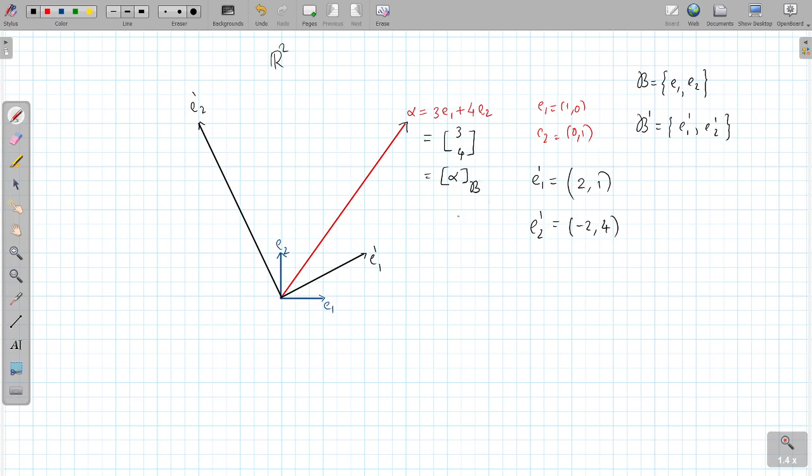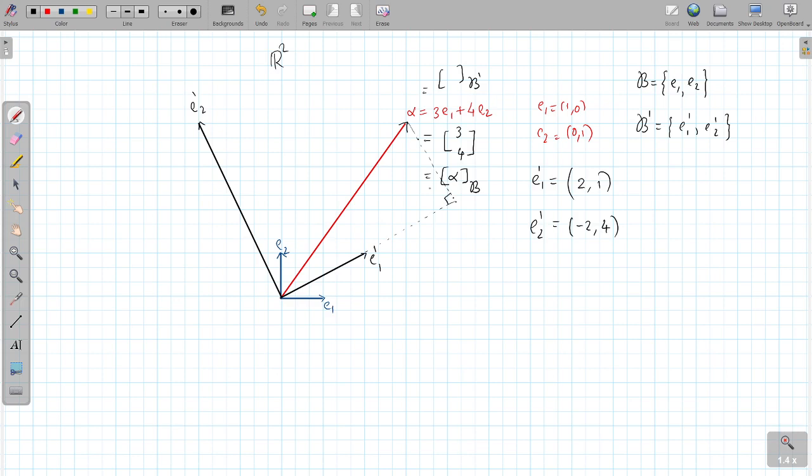How do you get the coordinates of this alpha with respect to B prime? This is our intention. So if we change bases, then the coordinates will change. In order to get this, we need to write this alpha like this.